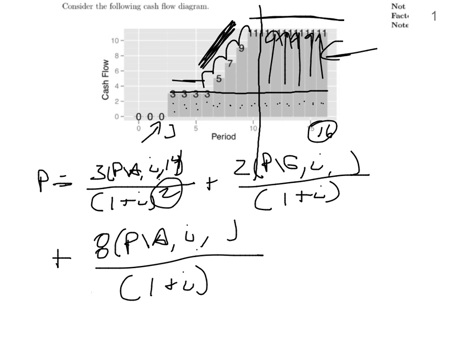Now let's play with the linear gradient. So this is the thing that sits on top of the 3's, and so that's this increasing chunk right here. And what we do is we see 1 of these, 2 of these, 3 of these, 4 of these, and then we add 1 to the pot. So this one should be a 5 right here. So it's a 5-element linear gradient series.